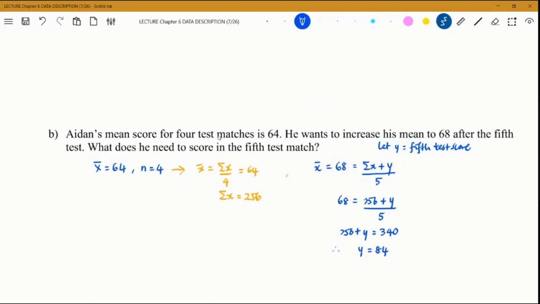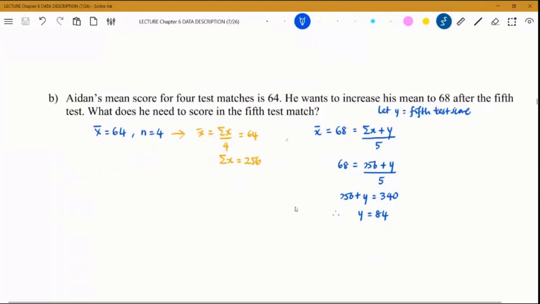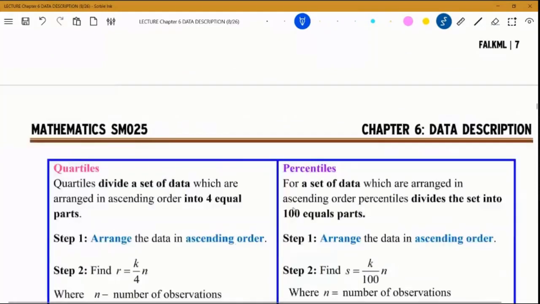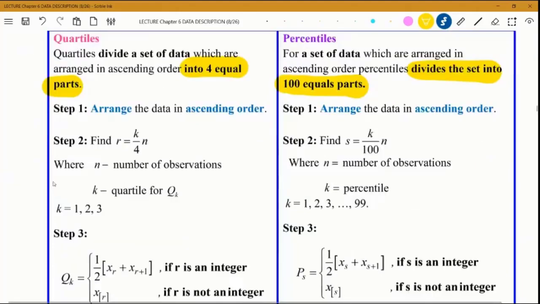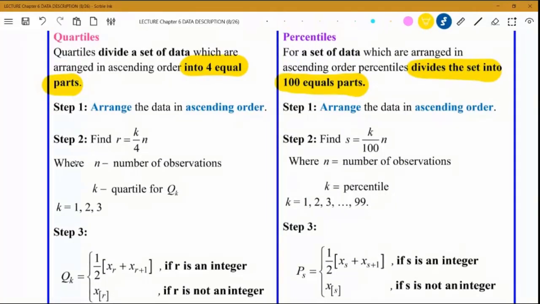Okay, next one, which is we have to find quartile and percentile. So for the quartile, your data is divided into 4 parts. And for percentile, percent, they divide by 100. Okay, so starting here, we have to arrange your data in ascending order.